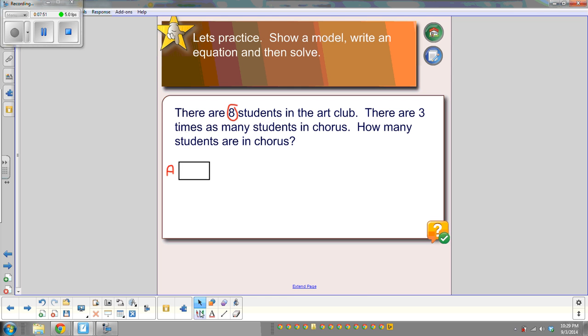We have 3 times as many, so I'm going to draw my C for chorus. And chorus has how many boxes? Chorus has 3 boxes. So let's go ahead and put 3 boxes here.